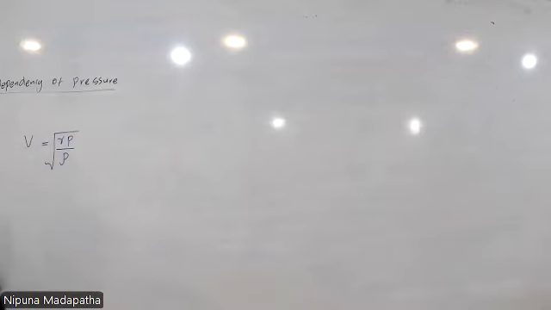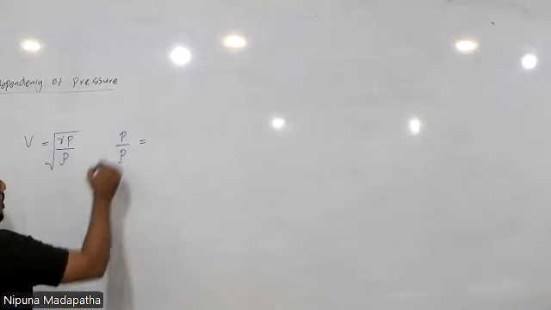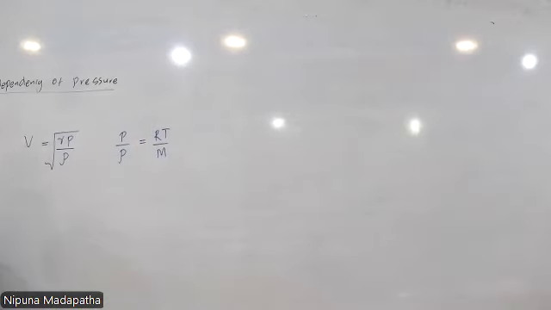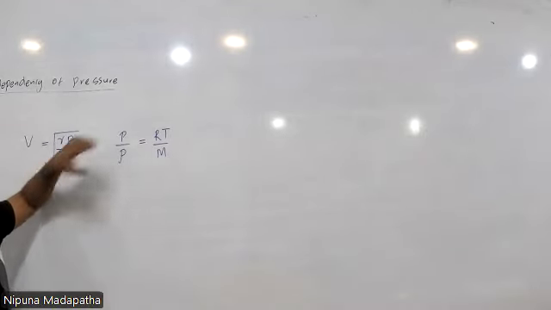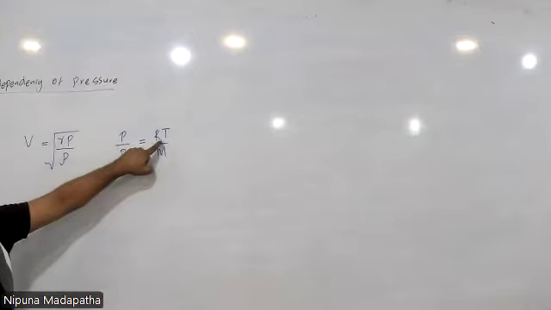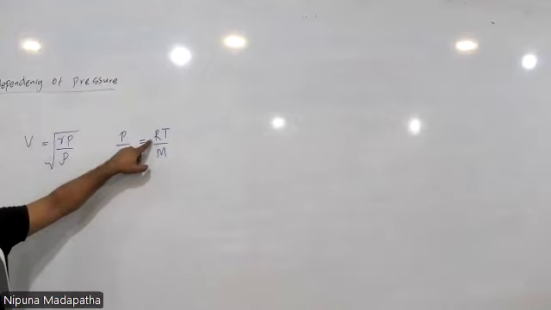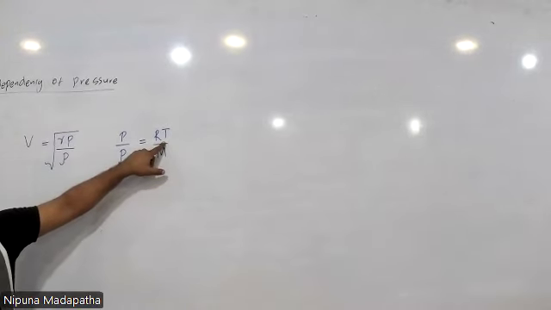And also, to remember, earlier we obtained that P over rho is RT over M, right? So this is an important thing here. R and M are constant, right? R is a universal constant. M is constant for a given gas.